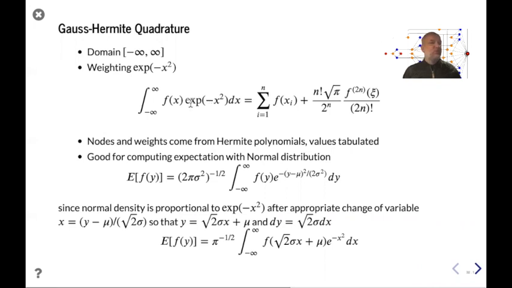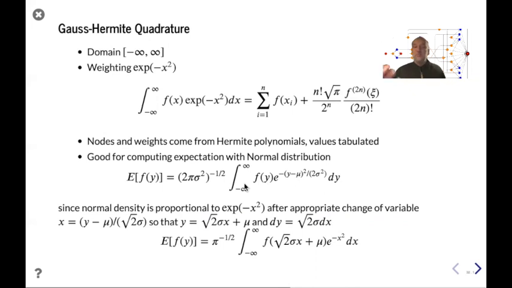Anyone that remembers the standard normal distribution well would remember that it actually looks like this. So this is part of that density, and then you have the rest of the density out here. So I can just move that constant outside the integral.